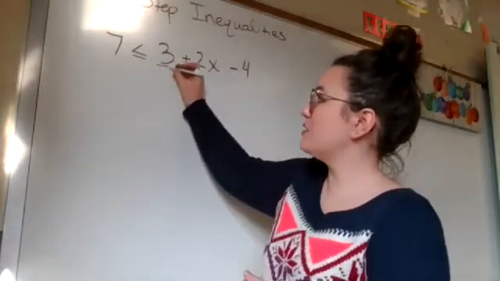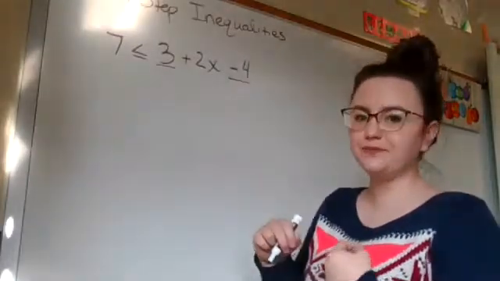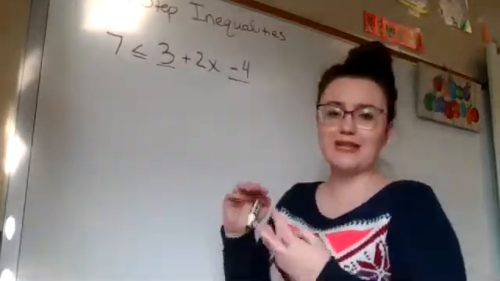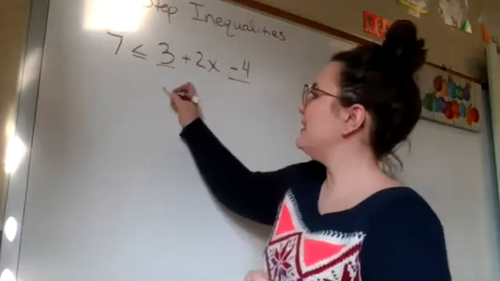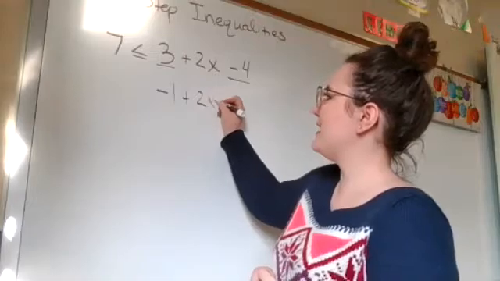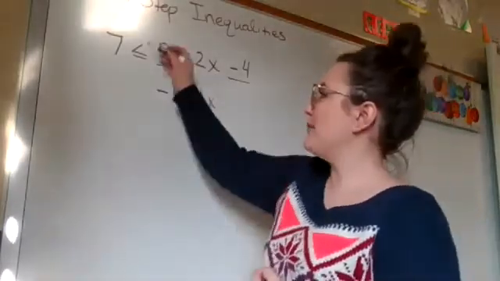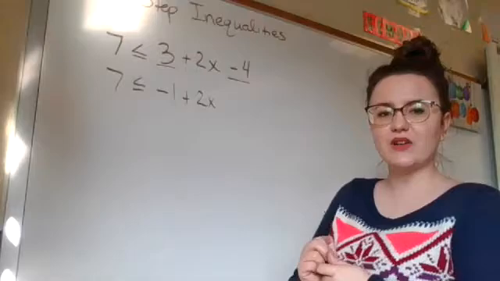I can put this 3 minus 4 together. They're just plain numbers, they can go together. So 3 minus 4 is negative 1. And then I still have my plus 2x kind of hanging out. And then I'm going to bring down my 7 less than or equal to. Okay, so I've combined like terms.